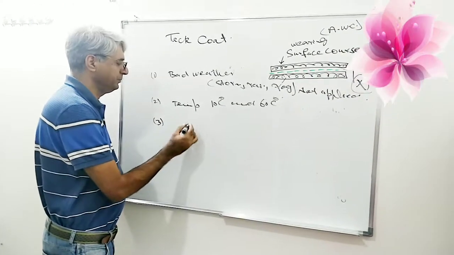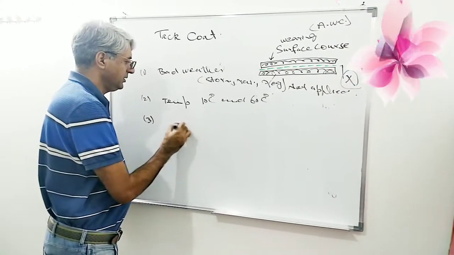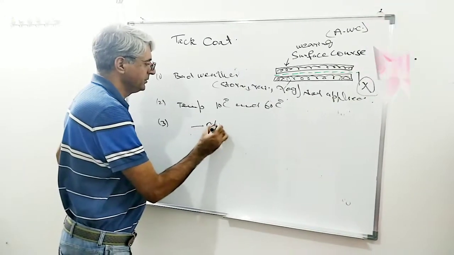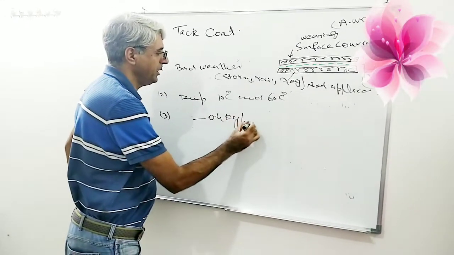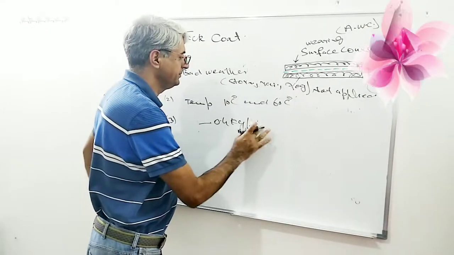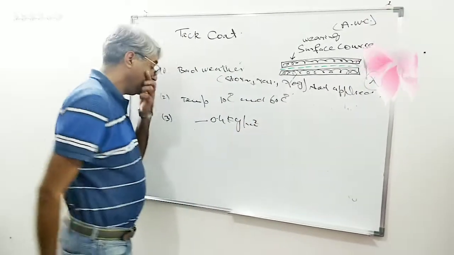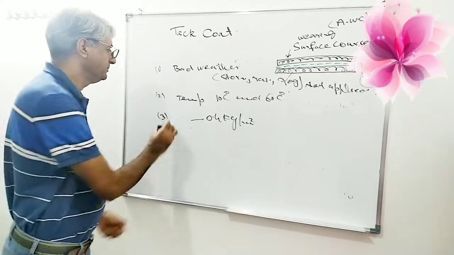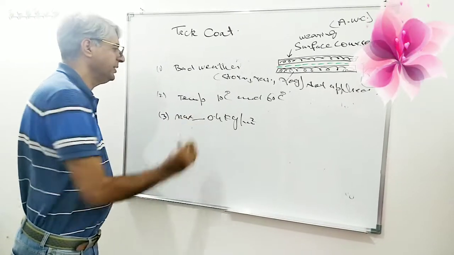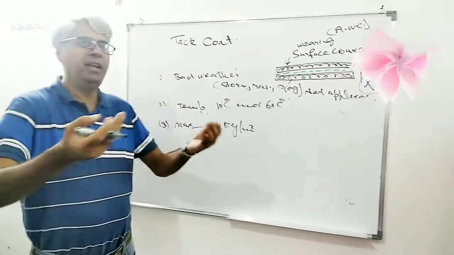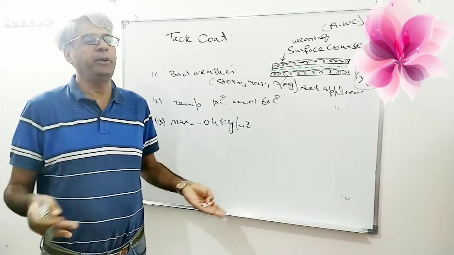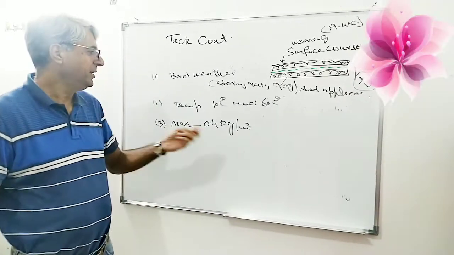You can say that it is like 0.4 kilogram per meter square. But you see, it is a maximum value. Maximum. So it means that my value can be 0.25, my value can be 0.35.